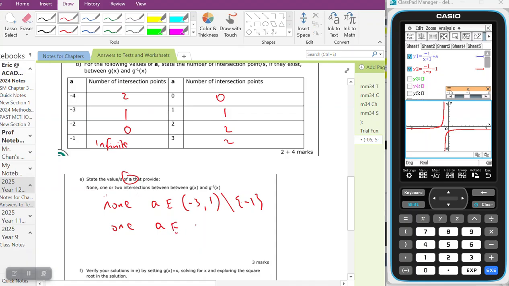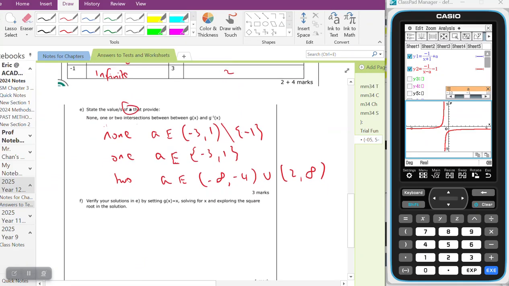So a is an element of the set, using the set brackets, {-3, 1}. Then two solutions will be from 2 onwards, and from negative 4 or below. So a will be an element of (negative infinity, -4) union (2, infinity). Those are your three scenarios.